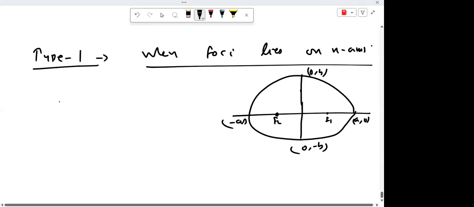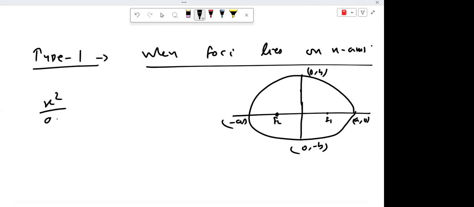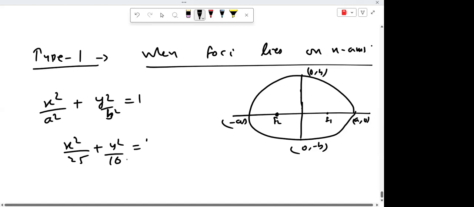So this type of ellipse has equation x square by a square plus y square by b square equals 1, such that a is bigger than b. Suppose this is x square by 25 plus y square by 16 equals 1. This is this type of ellipse. Got it?